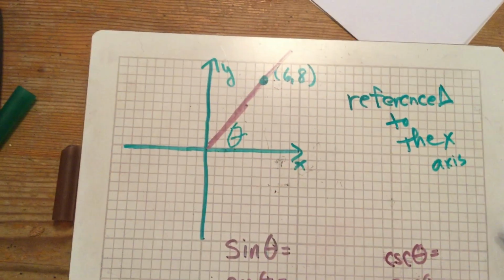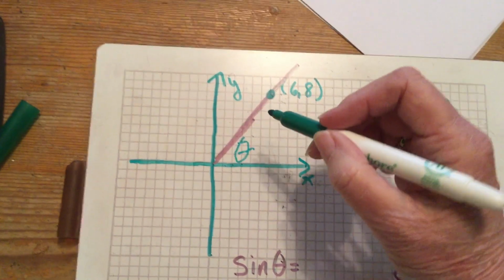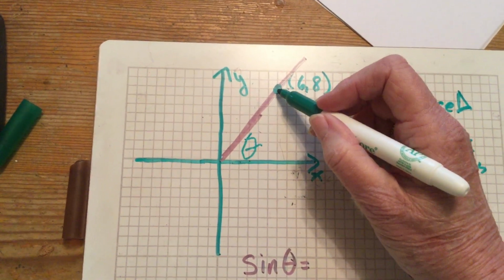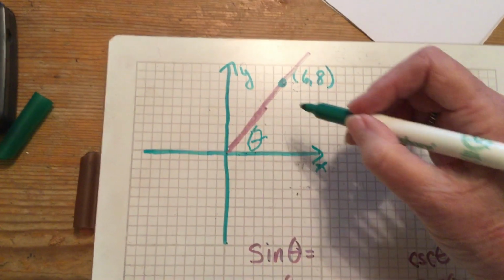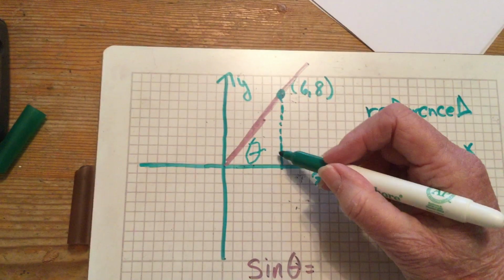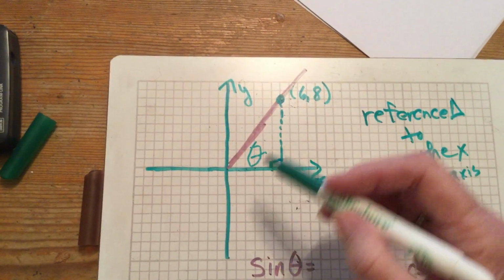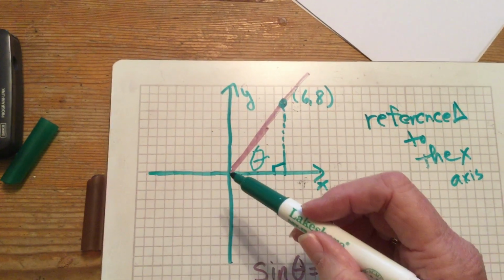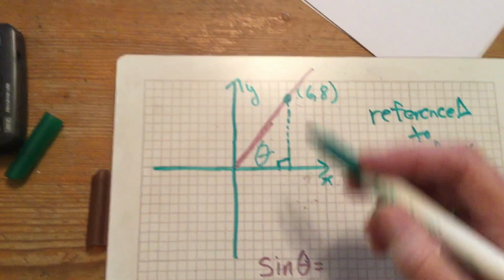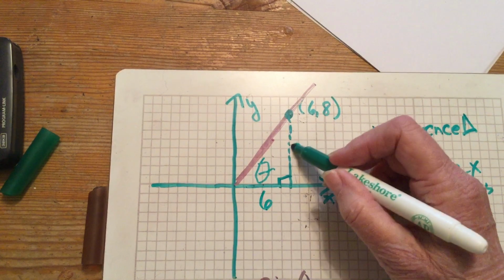I'd be acting this out if we were in the classroom, standing here and waving my hand up and down, making a wing here. I go to the x-axis. So I go down to the x-axis to make a reference triangle. So this is x over and y up, isn't it? So this is 6 to the right and 8 up.